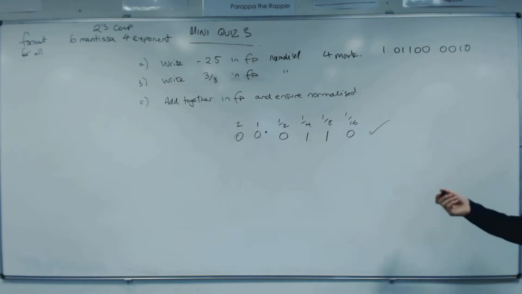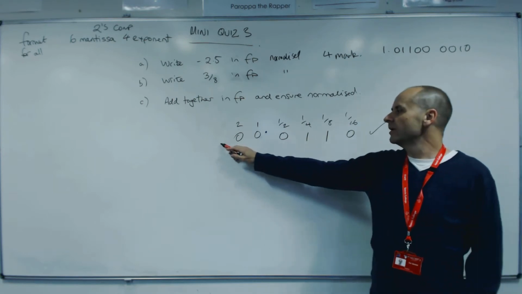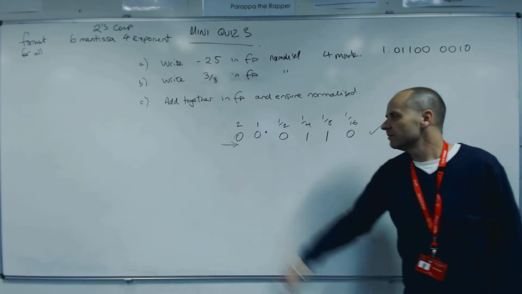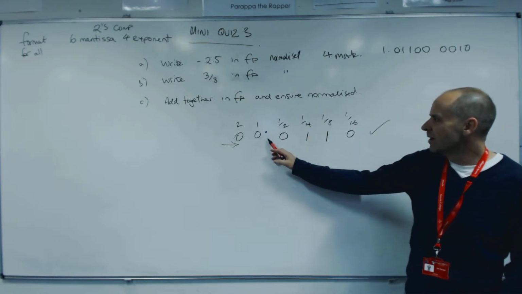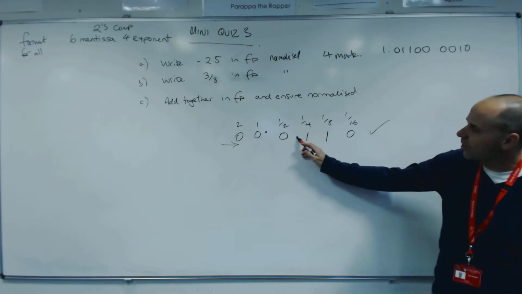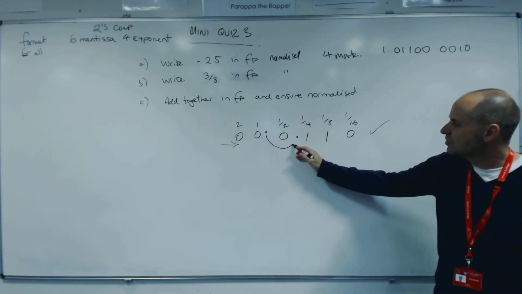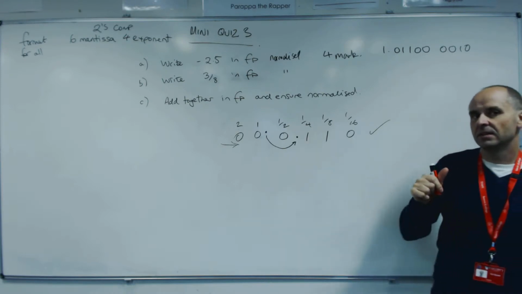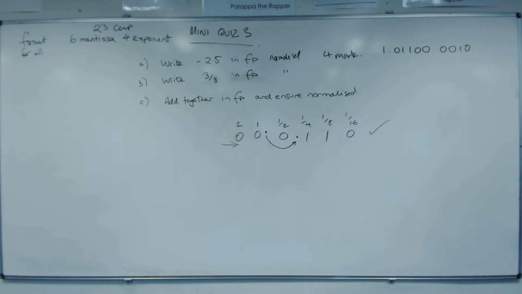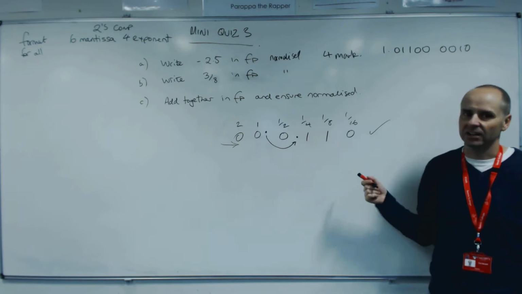That's 1 mark. Right, we're going to normalise it. So we want a sign bit of 0 followed by a 1 because it's a positive number. So actually, we want the binary point to go there. It's currently there, so we're going to move it to there, 1 place. So the exponent is of size 1. But this time, we started with a number and we've made it bigger.